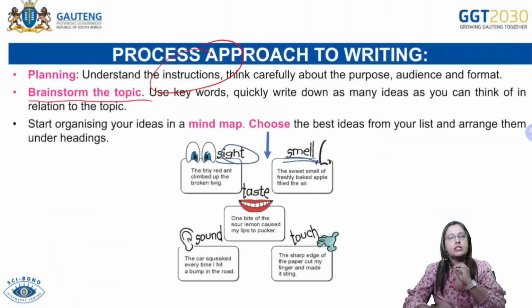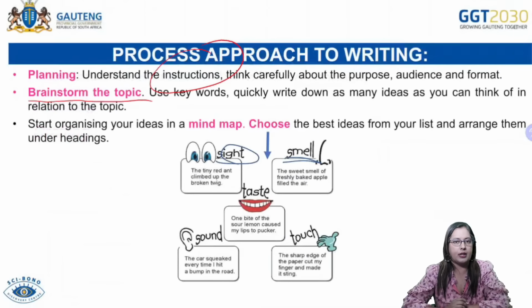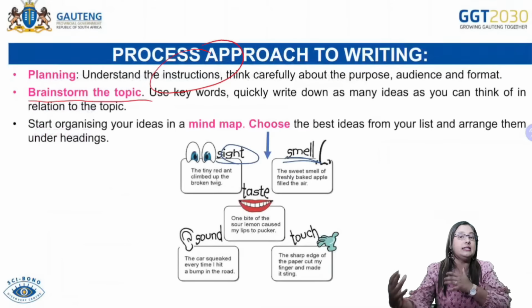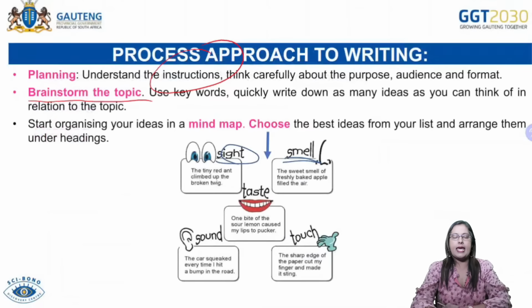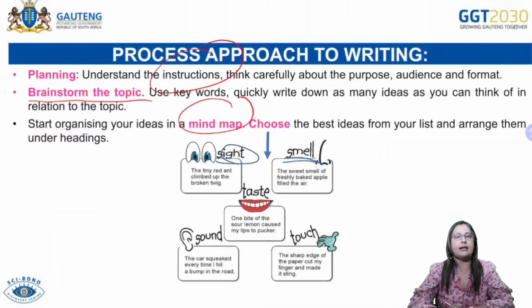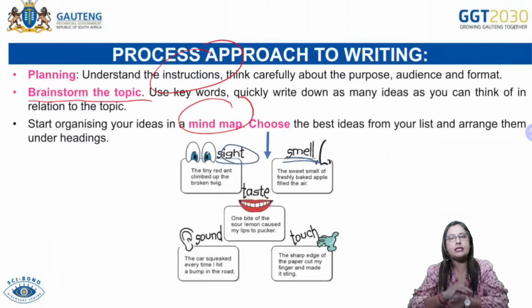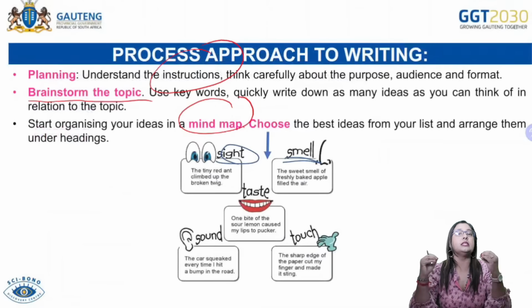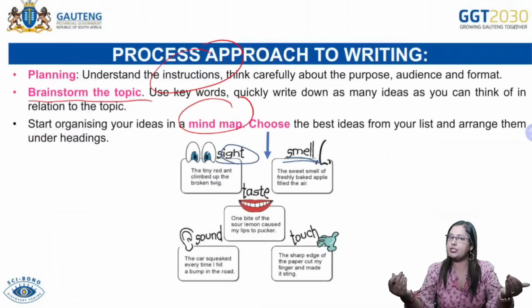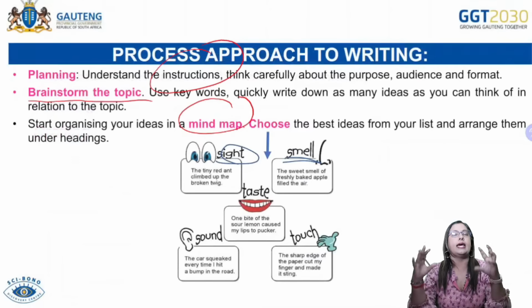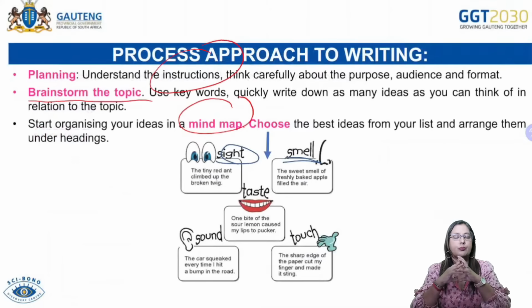And when you read it, quickly note on your paper there some notes, probably a few ideas that you think might work for that particular topic. All right. And then, as I mentioned, that mind map is where you're now going to put down your ideas. All right. So please then remember here we're choosing the best ideas from the alternatives you have made, and then you're going to put them together into paragraphs.